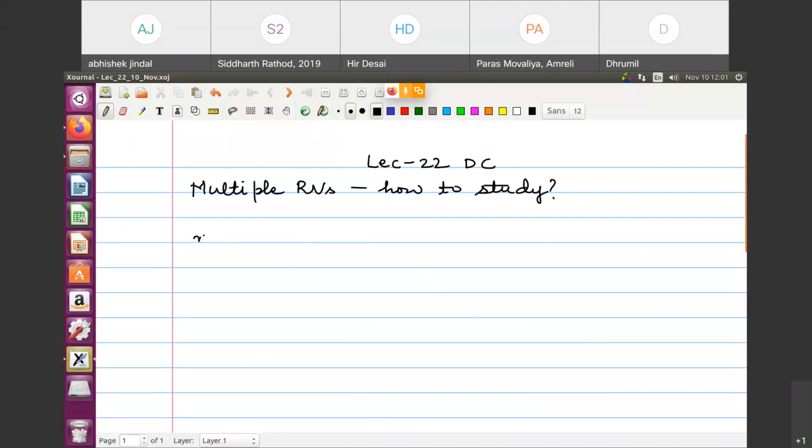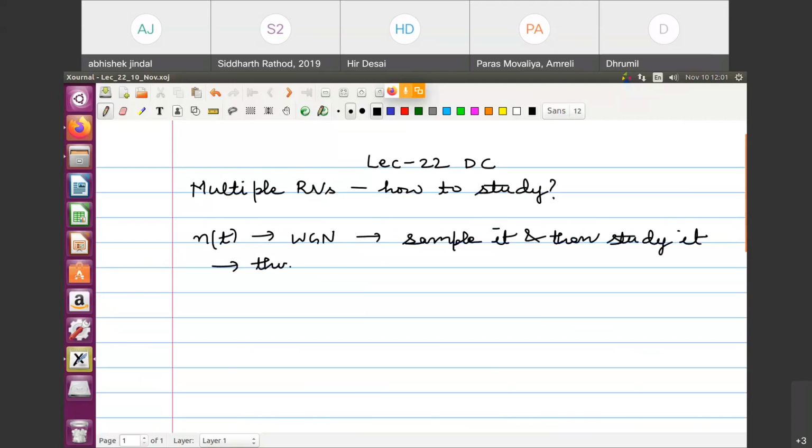Basically, if you take the noise process n(t), that is, the white Gaussian noise process, you will sample it and then study it. Once you sample it, this leads to a vector of Gaussian random variables.